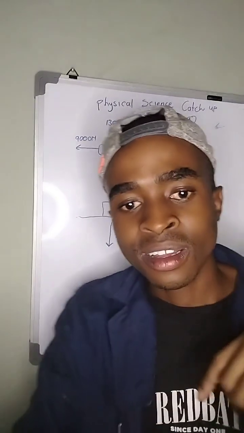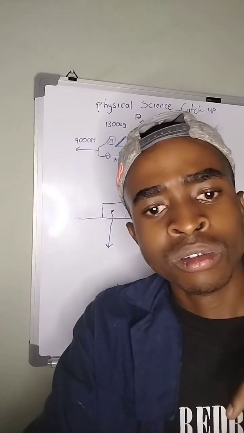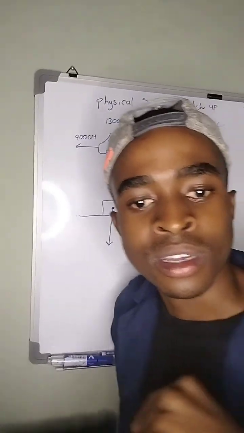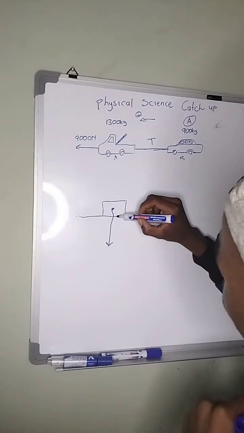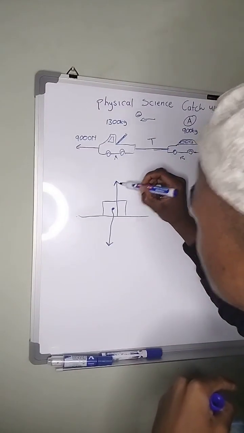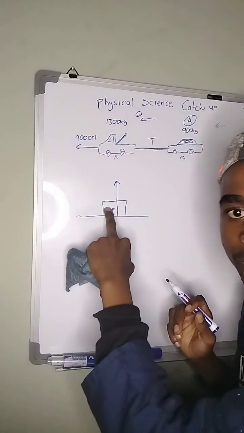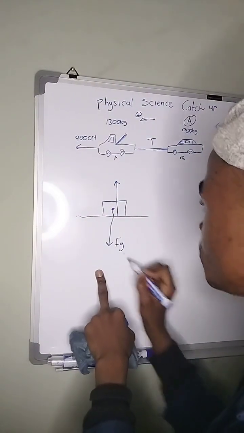So we are going to draw this relative to the surface, going up. This is from the center downwards, which is going to be our FG.